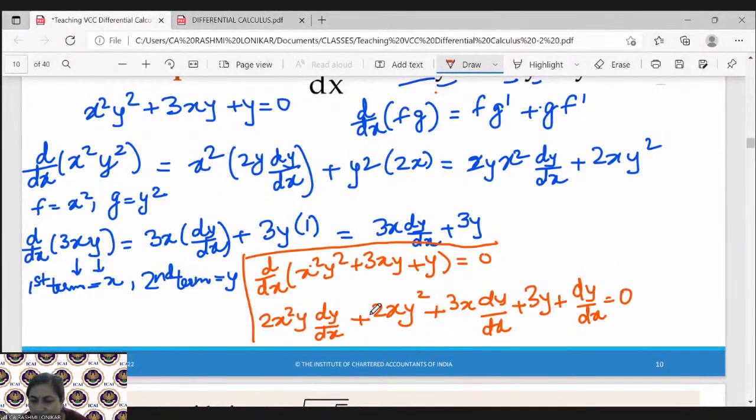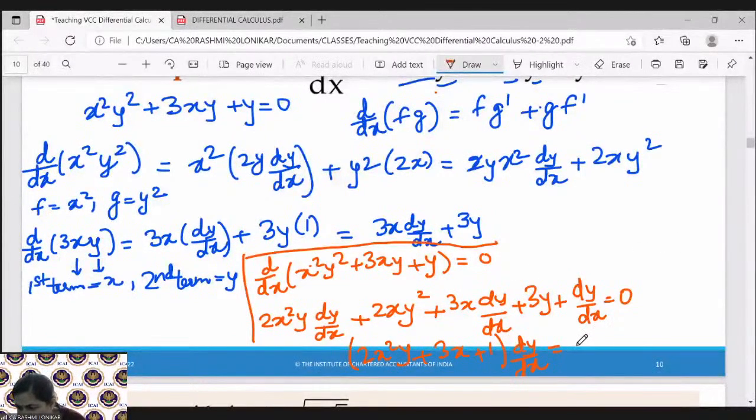I will take all the dy by dx terms to one side. So I will get 2x square y, this is the first term. What is the second term? Plus 3x. What is the third term? Plus 1, into dy by dx, is equal to how much? I take 2xy square to that side, so it will be minus. Then I take 3y to that side, it will be minus.